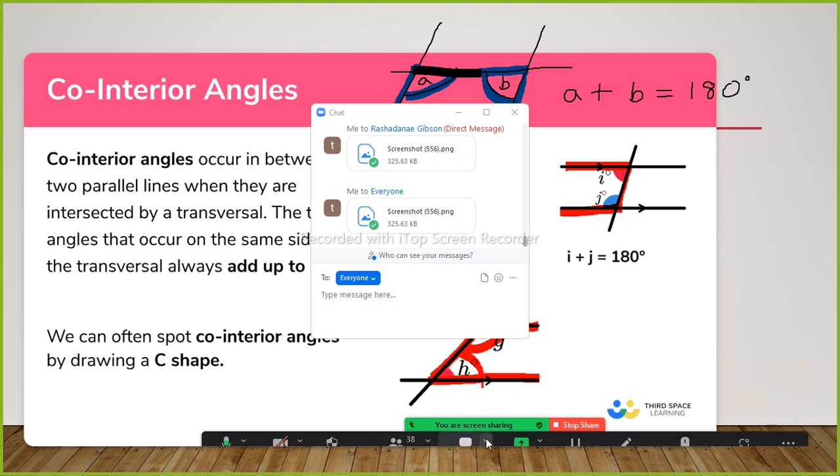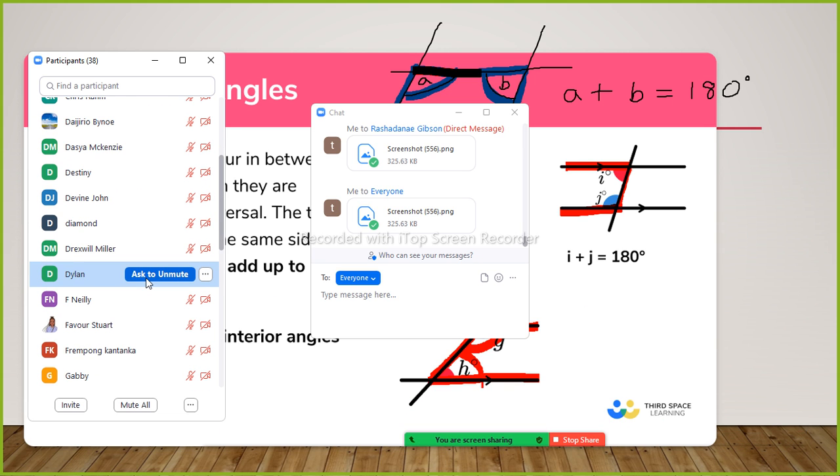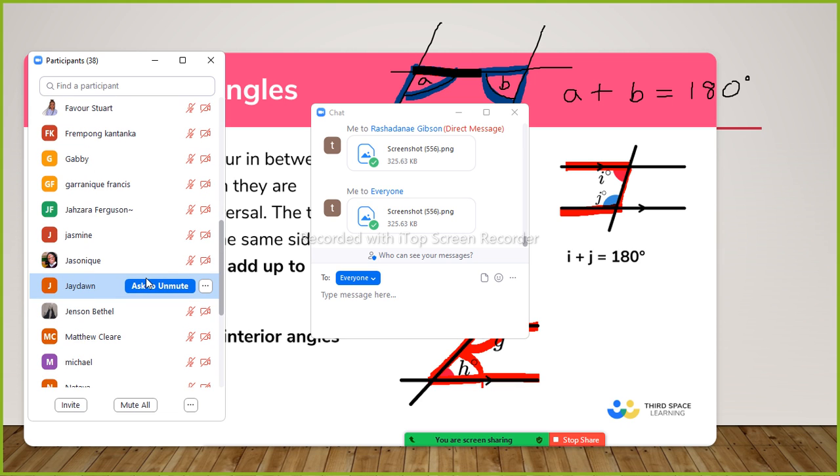Okay, so while he's doing that, let me ask Miss Natalia. How are you doing, Natalia? Natalia Watson, are you there? I'm not hearing from Natalia. How about you, Noah?